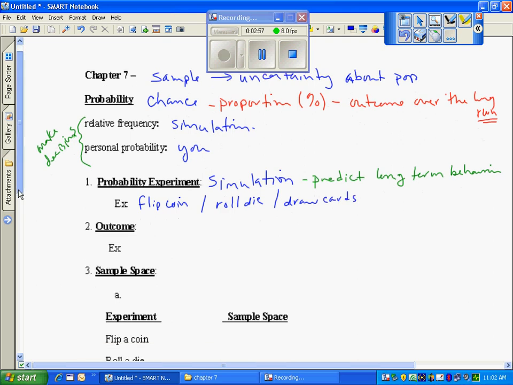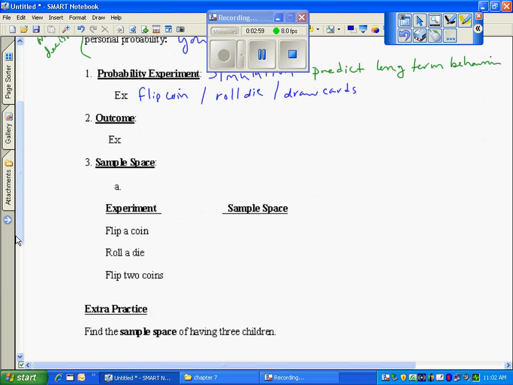So those would be experiments or simulations. The outcome is the result. And it's the result of a single trial. So the result of a single trial might be a head or the tail. It might be a 1, 2, 3, 4, 5, or 6 if I'm rolling a single die.